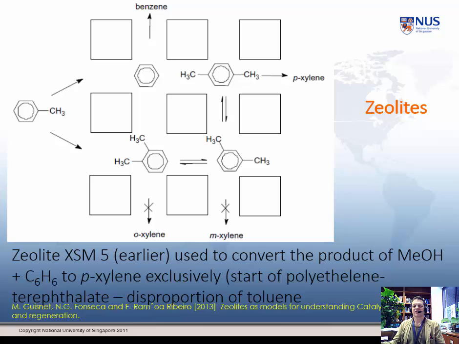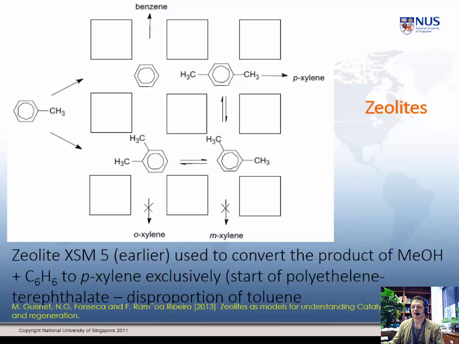Okay, let's give you another example. Zeolite ZSM-5, if you looked at the picture earlier, is used to convert methanol and benzene to p-xylene because the pores allow the entrance of only one size of molecule, which is quite interesting.